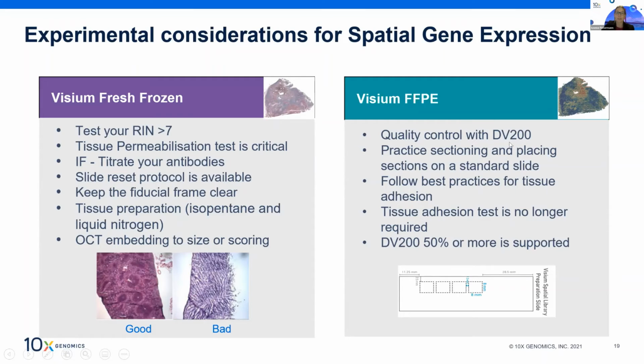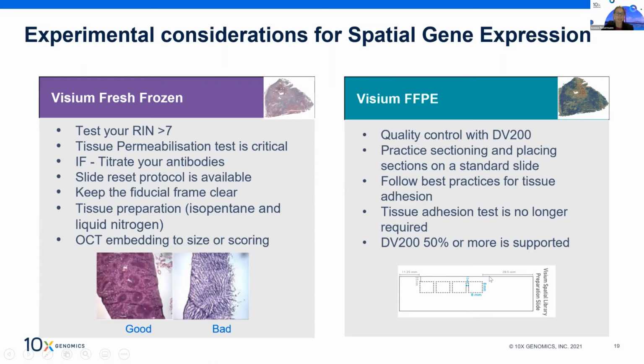And DV200 is the percentage of RNA that is longer than 200 nucleotides. And we've chosen this because the probes have a certain length and they need a minimum transcript length to actually bind successfully.